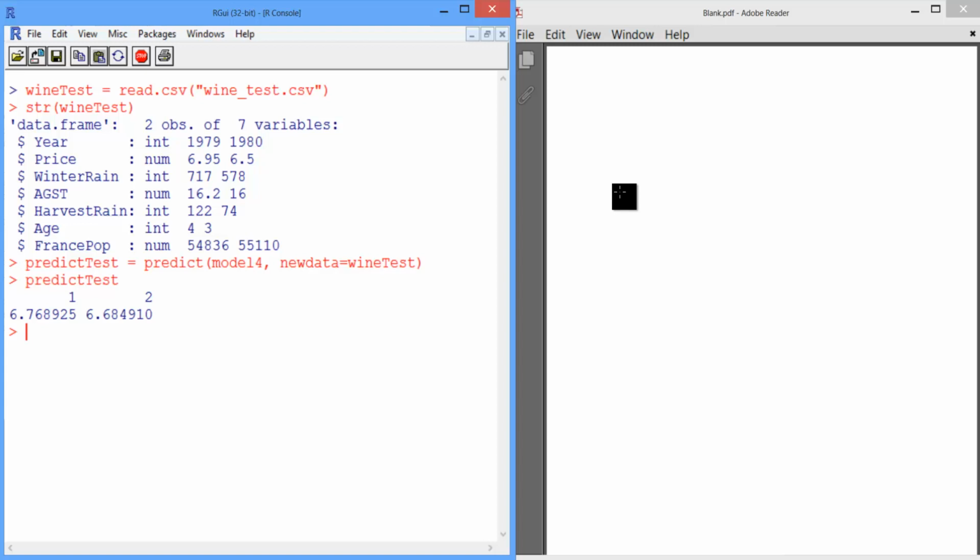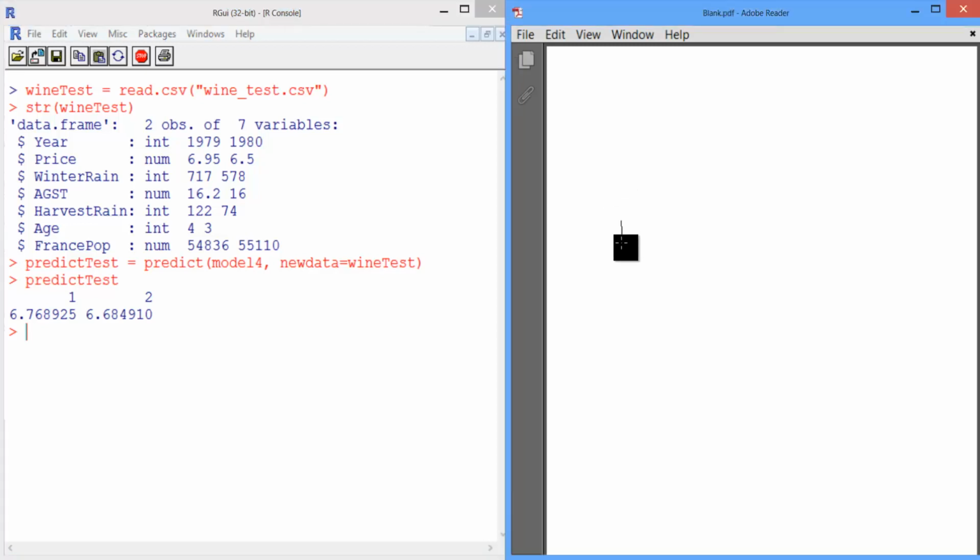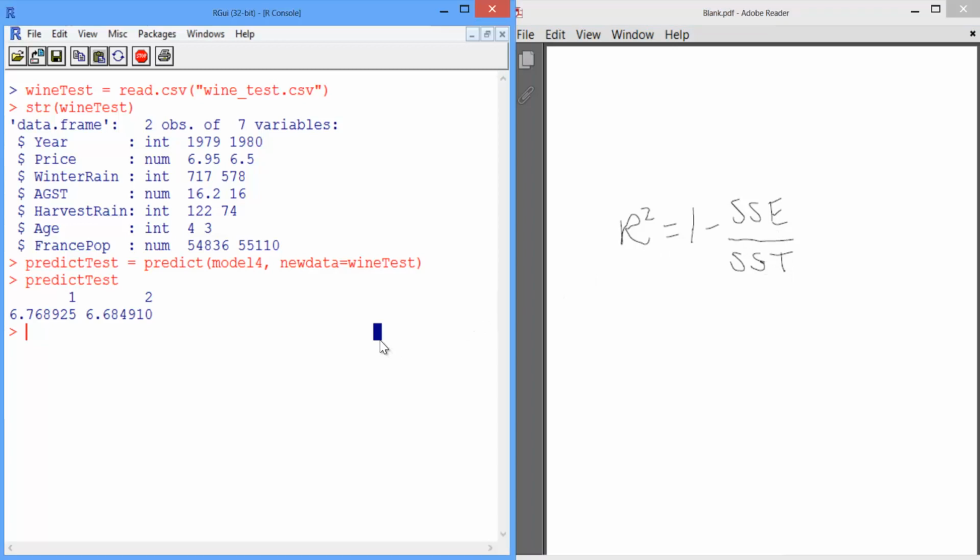Recall that the formula for R-squared is R-squared equals 1 minus the sum of squared errors divided by the total sum of squares. So let's start by computing the sum of squared errors on our test set.